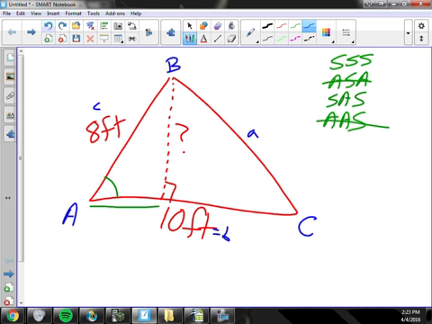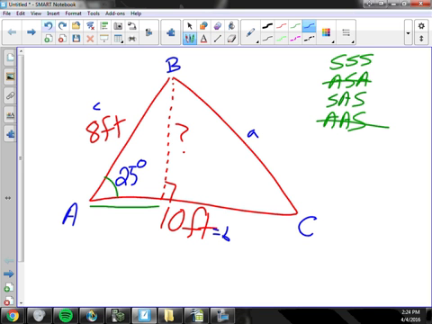Okay, so if I have a side length 8 and a side length 10, that could create an infinite number of triangles. I could open it up to almost 180 degrees, and I could close it down to almost 0. And every one of those would be a unique triangle. As soon as you pick the angle, though, you're locked into a unique triangle. So let's say that that angle is 25 degrees.